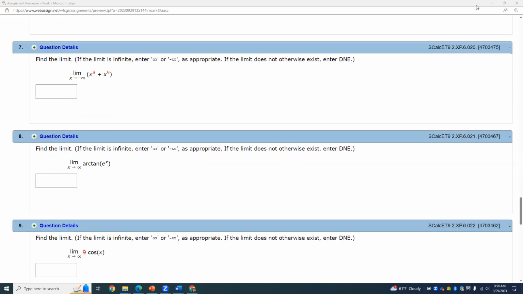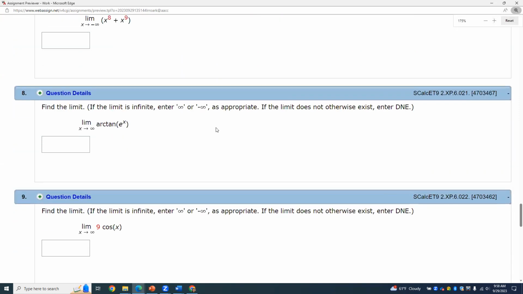Number 8 is an example using two of the graphs they really like to use. There are two main ideas we need to get comfortable with in this section because they just love to talk about them. One of them is y equals e to the x.